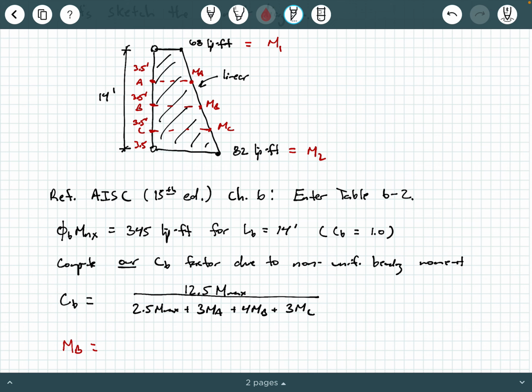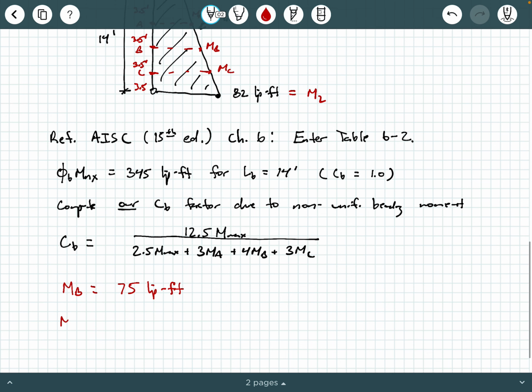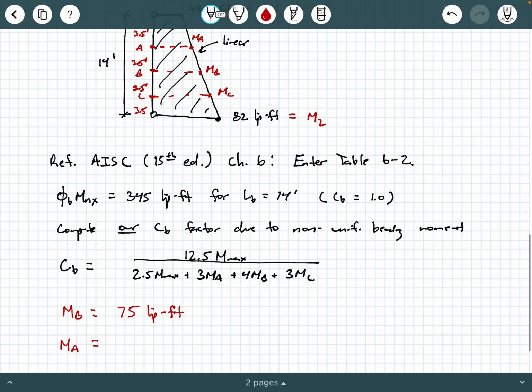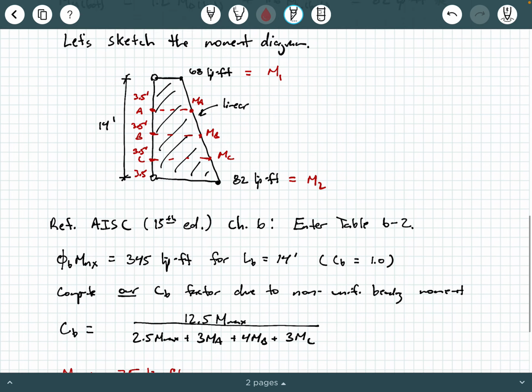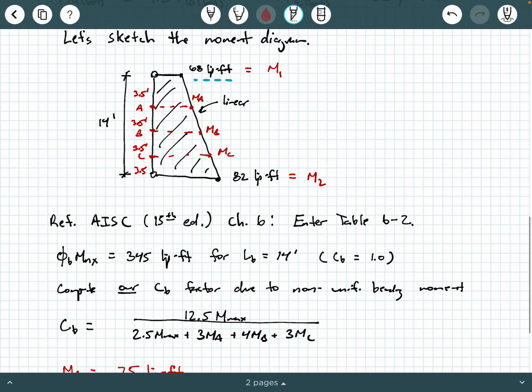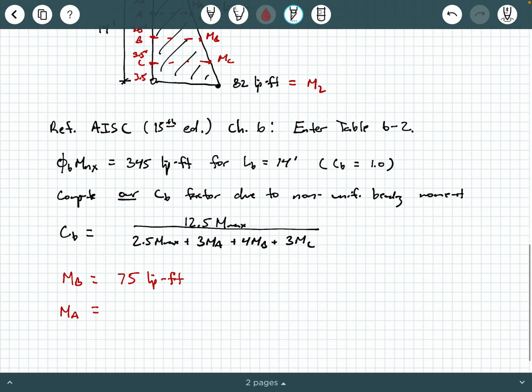So if I average 68 and 82, I get MB is 75 kip feet, okay? And then similarly, I can get MA as the average of MB with 68. So I can say 75 plus 68 over 2, and that's 71.5 kip feet.